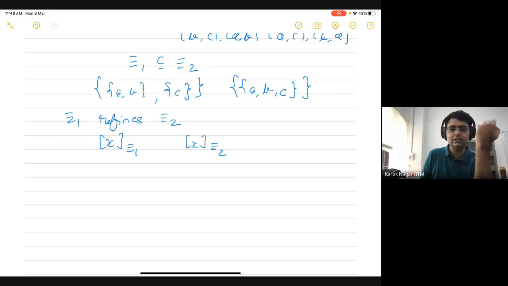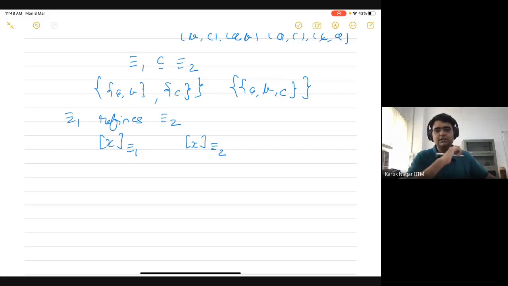Remember that when we say relation one refines relation two, it means that relation one is a subset of relation two. So whenever X and Y are related by relation one, they are also related by relation two. But relation two may have more tuples, so X may be related to more elements according to relation two. So the question I'm asking is, how do I relate the equivalence classes of this particular element X with respect to relation one and relation two?